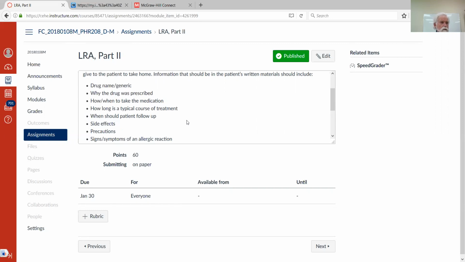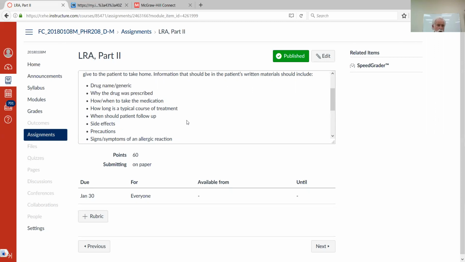How long is the course of treatment? Well, for an antibiotic, it's anywhere from a Z-Pak that lasts 4 days to a very severe, say, gram-negative infection that requires a 30-day course of vancomycin, which is one nasty, nasty drug.